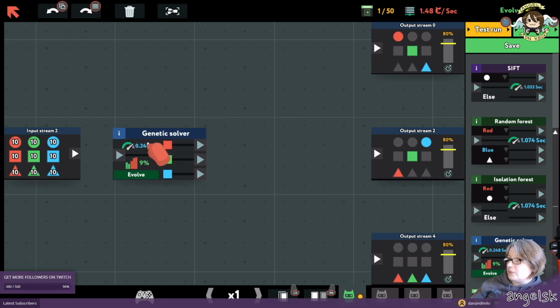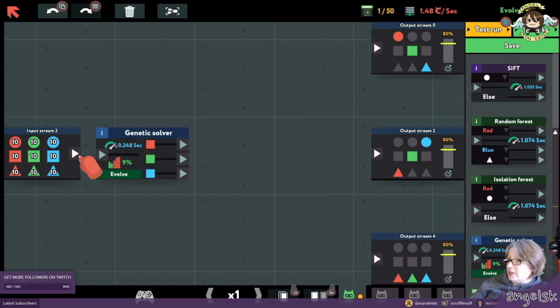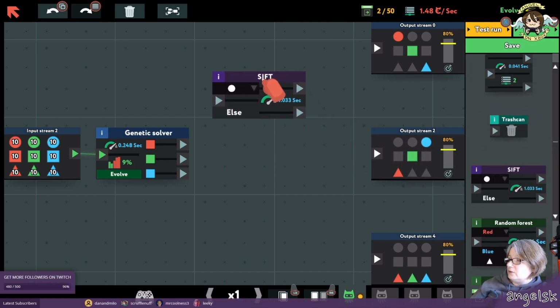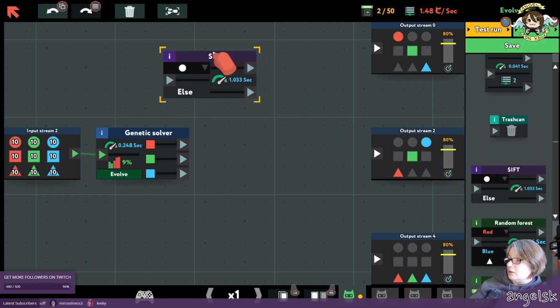It's a 9% accuracy on the colours, so we'll start with that, and then we can sift. What do we want? So we've got two things that want reds, red triangles. This one just wants all triangles.